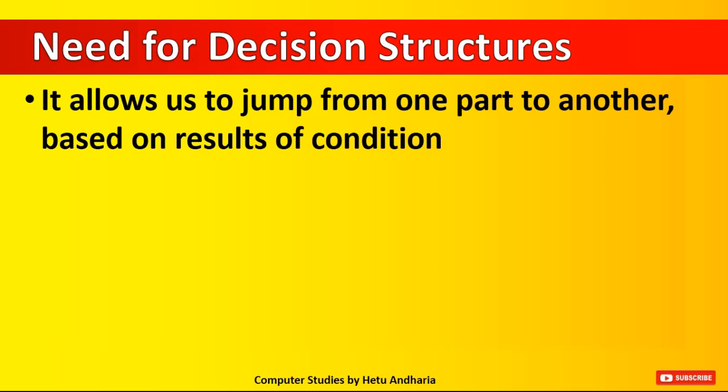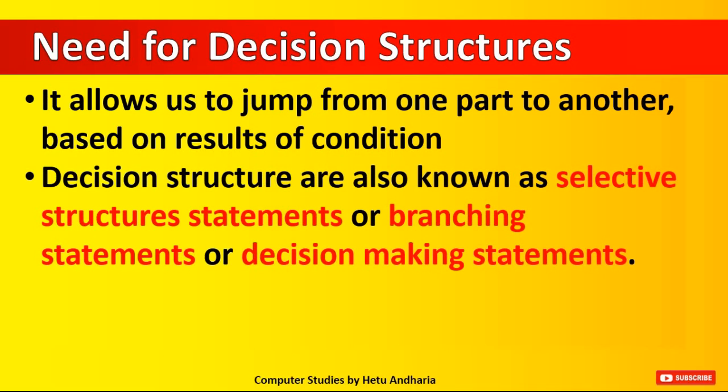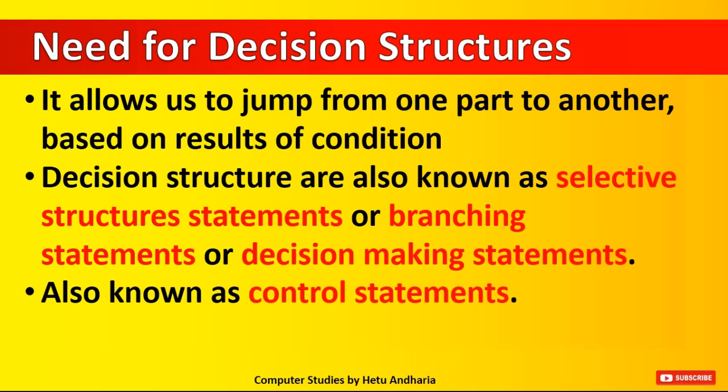Sometimes decision structure statements are also known as selective structure statements or branching statements or decision making statements. Now, as these statements are controlling the flow of the execution, they are also known as control statements.